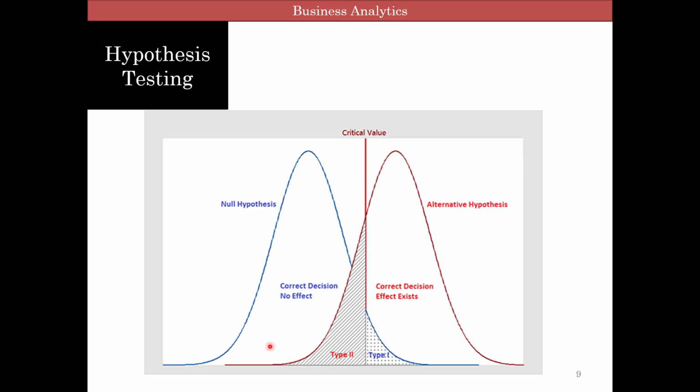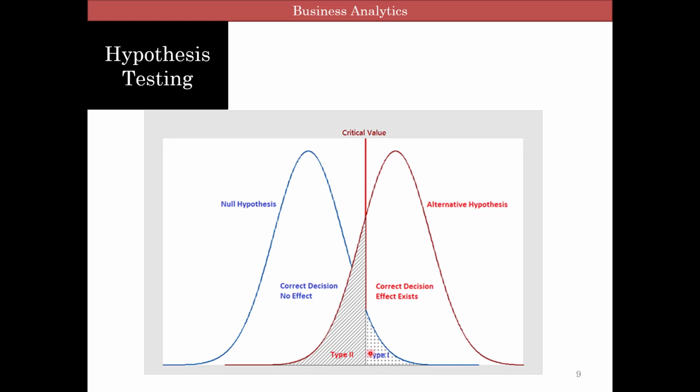Everything to the left here, we will say things have not increased, and the reason there is a difference between the population value, the null hypothesis distribution, and the sample values is because of sampling error, right? So if I get a value which falls to the right of the critical value, we can reject it. To the left, we fail to reject it.